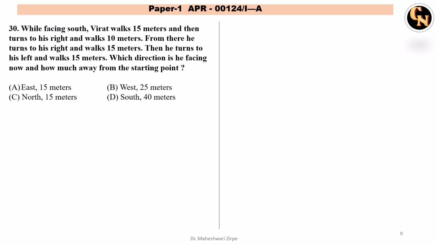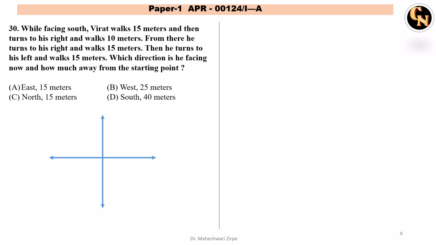While facing south, Virat walks 15 meters and then turns right. Okay, so you go through this question, read the question. For such direction questions, you should know the north, south, east and west directions.